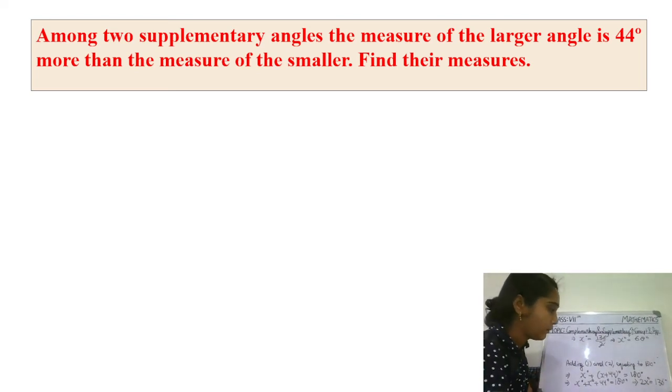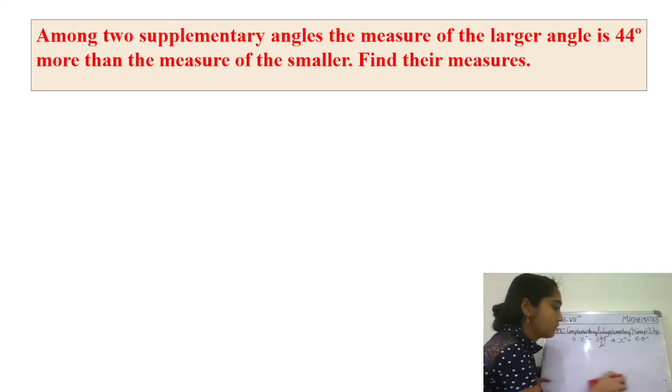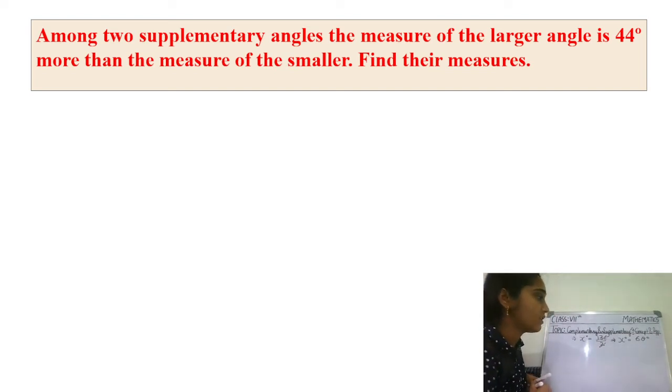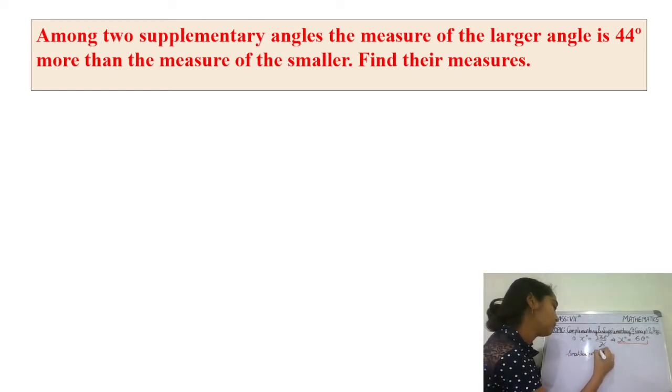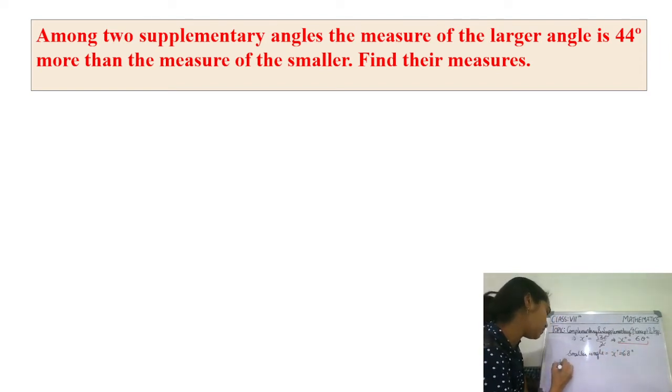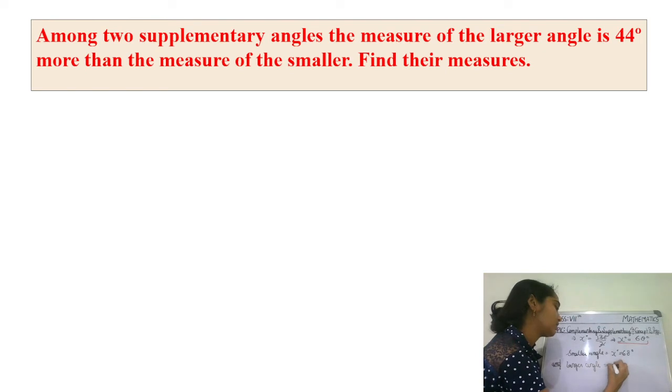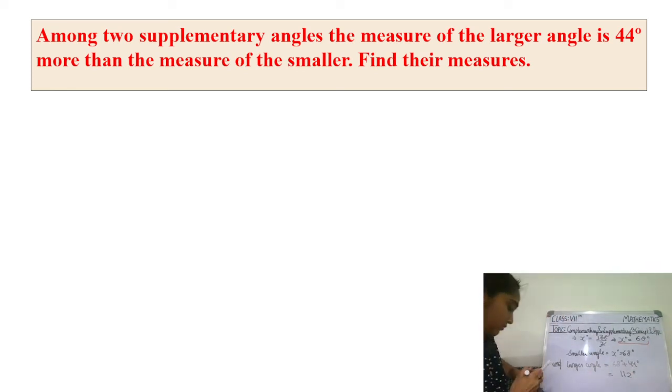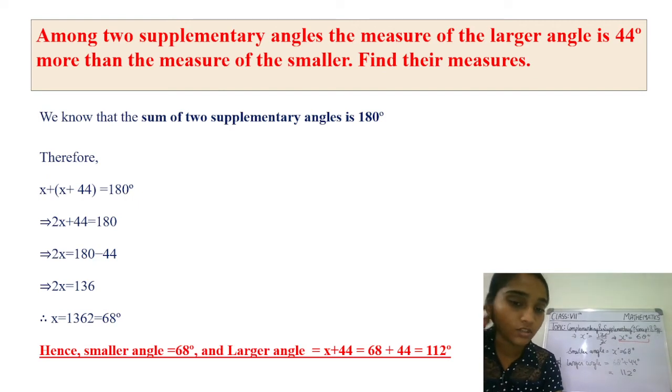Let me rub this bottom portion also, students. We have got x as 68, which is the smaller angle. So the smaller angle measure equals x degrees, which is 68 degrees, and the larger angle measure equals 68 plus 44 degrees, which is 112 degrees. Here on your screen the solution is given.